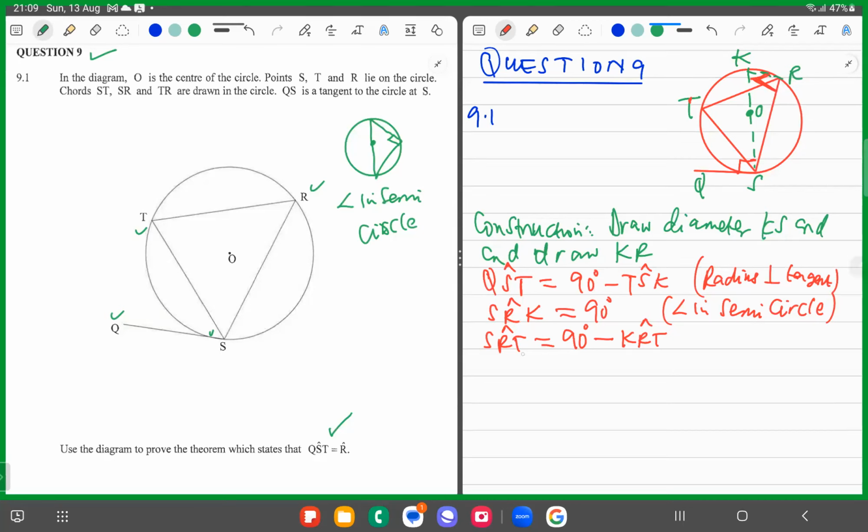You can say SRT plus KRT. If you take SRT, referring to this angle, and then add KRT to it, in other words, adding this angle here, the sum of the angles is 90 degrees. You're just adding parts of these two angles, and the sum is 90 degrees. So this statement I've written here is correct.